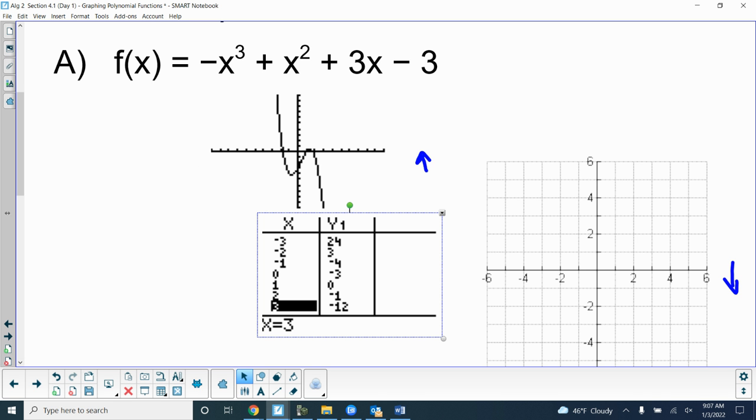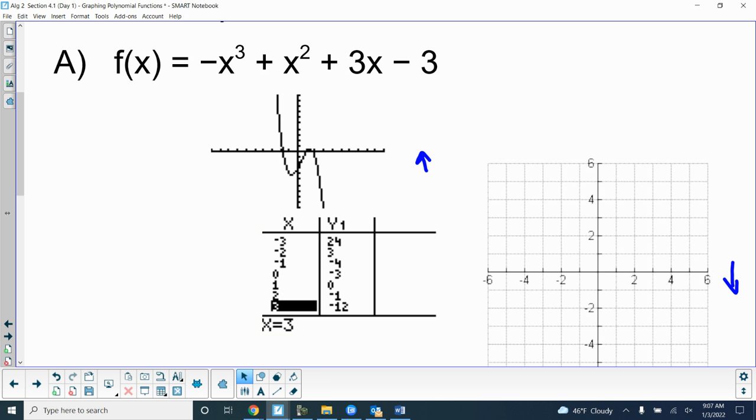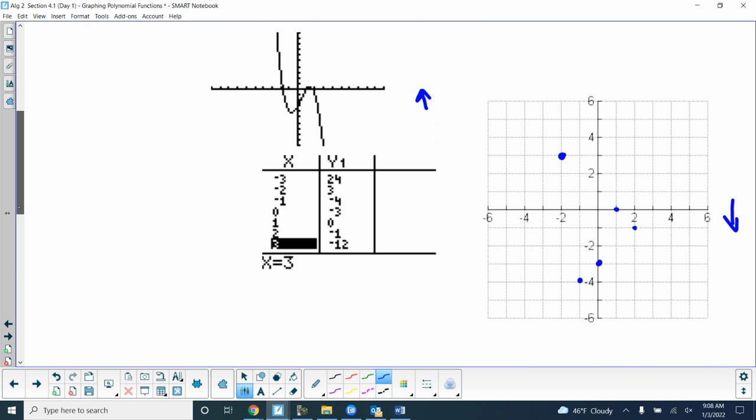So -2, 3 is there. -1, -4 is here. 0, -3 is there. 1, 0. 2, -1. 3 is off of there, -12.